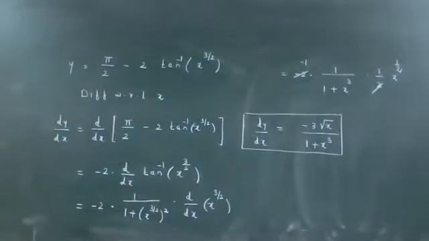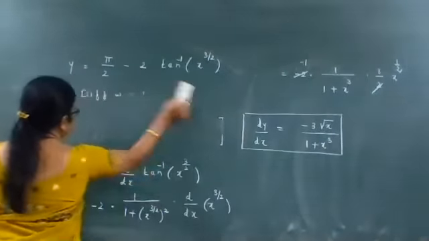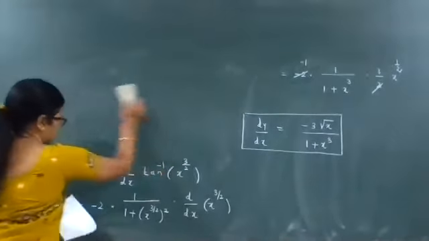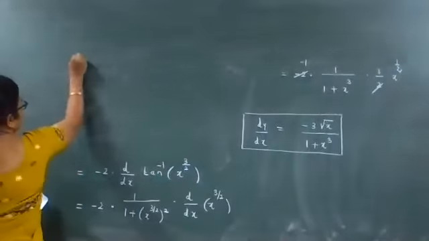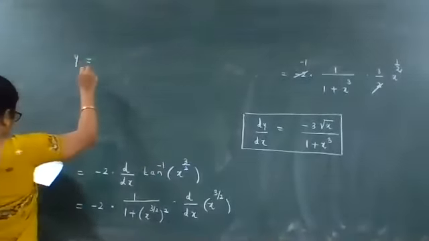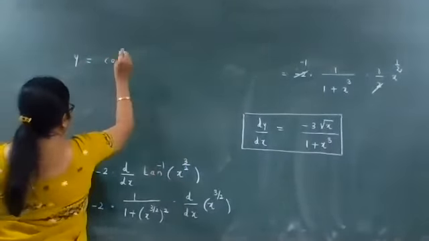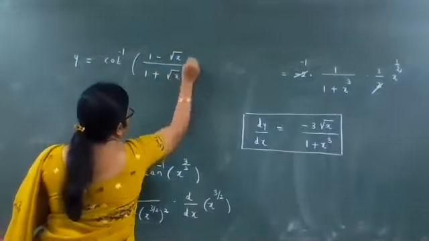So one more you try. Y equal to cot inverse of 1 minus root x upon 1 plus root x.